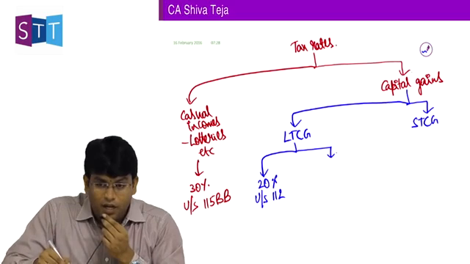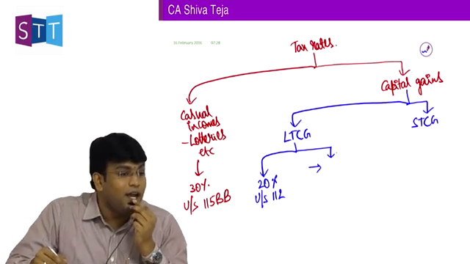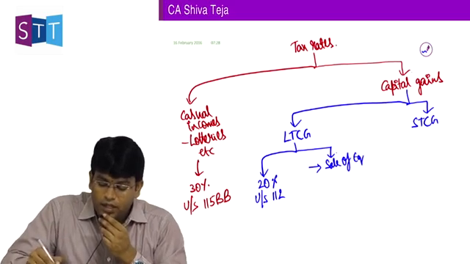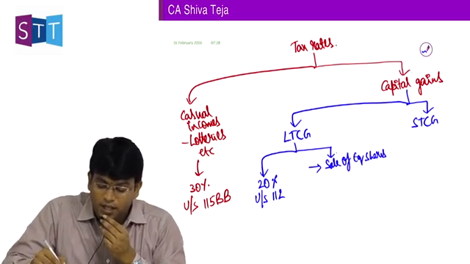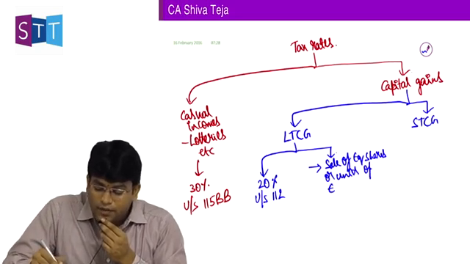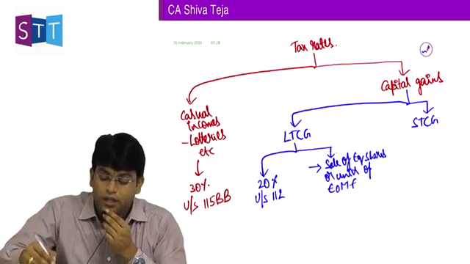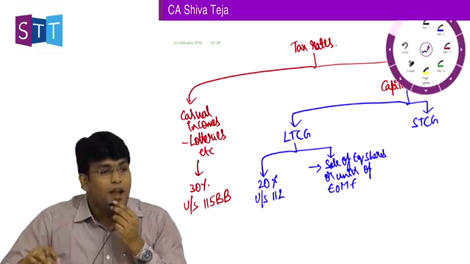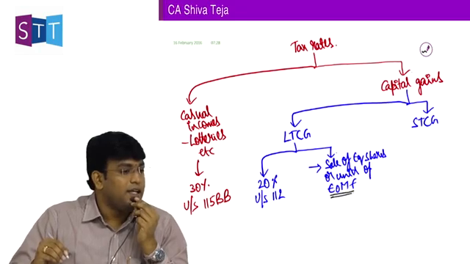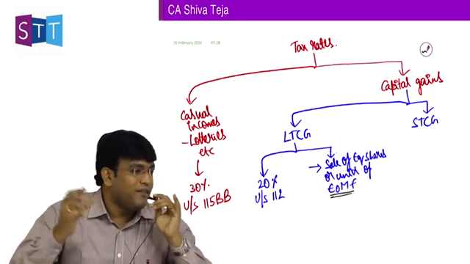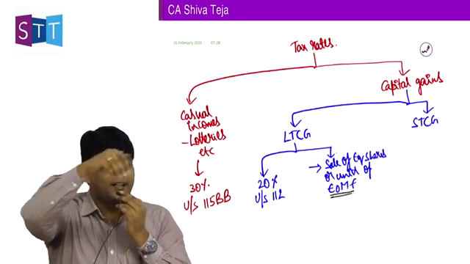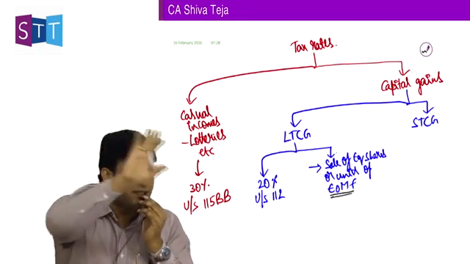If there is a long-term capital gain on sale of equity shares or units of equity-oriented mutual fund, what do you mean by equity-oriented mutual fund? Sir, a mutual fund is nothing but a collective investment scheme where all people come and put their money in one place, and the fund manager will invest at the right places.